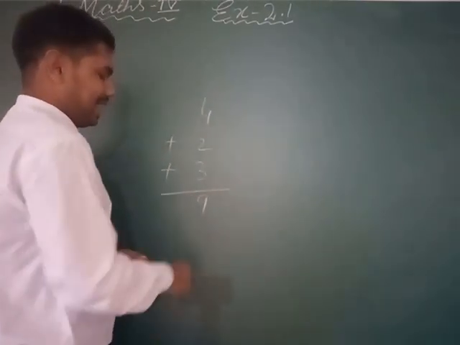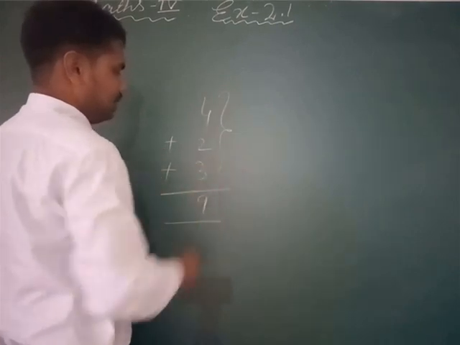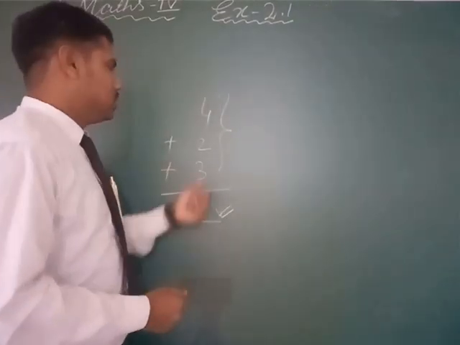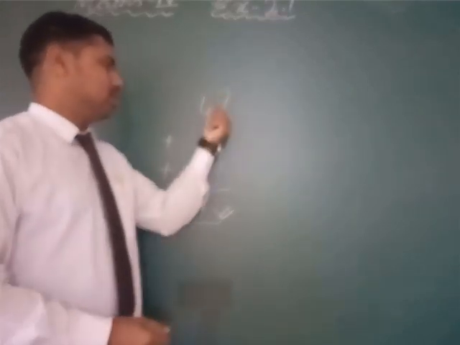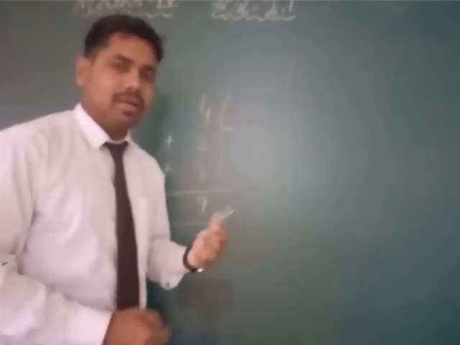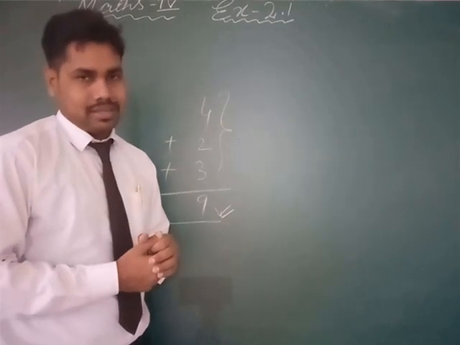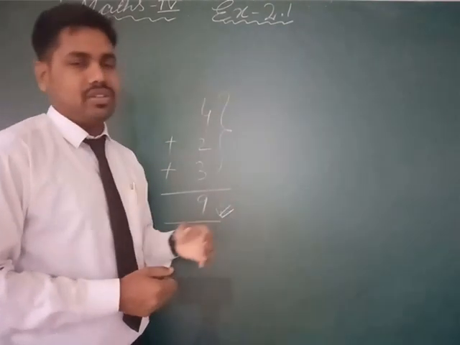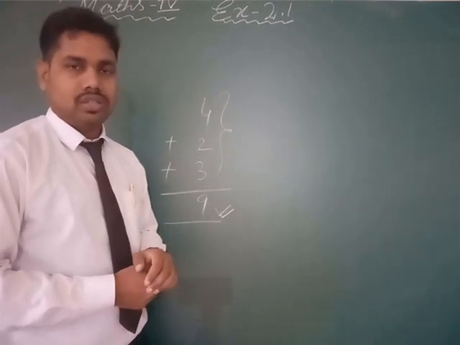So 9. The numbers which you are adding are called addends, and the result which you get is called the sum.